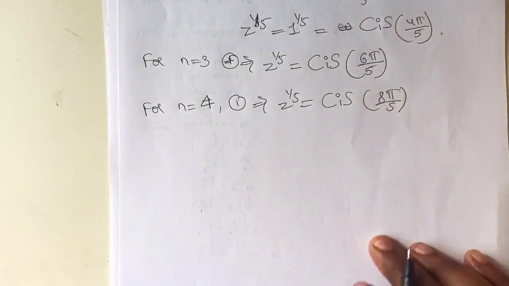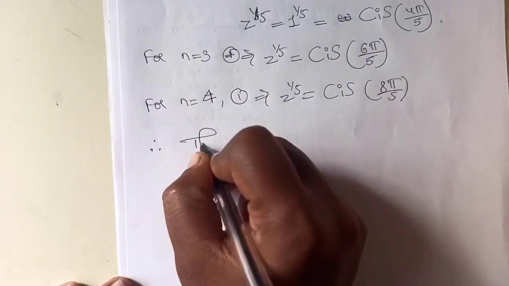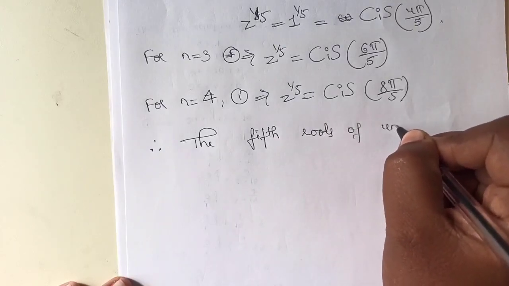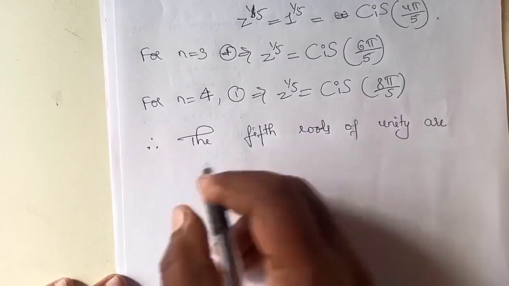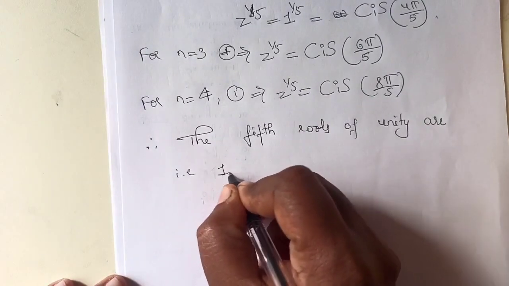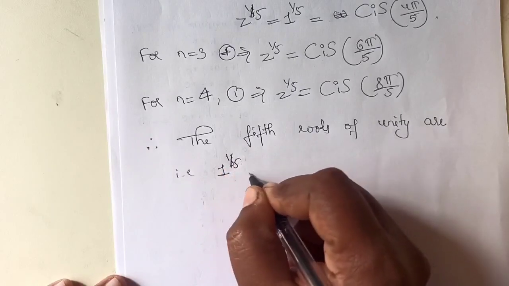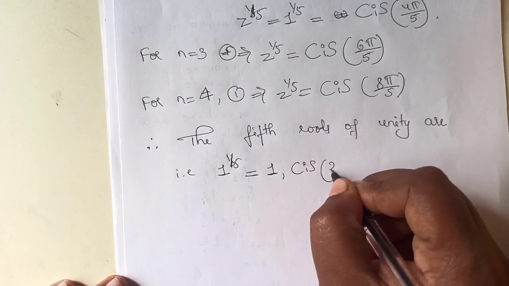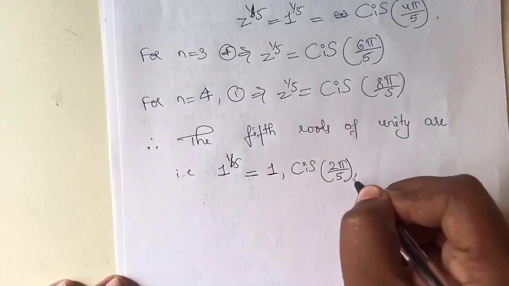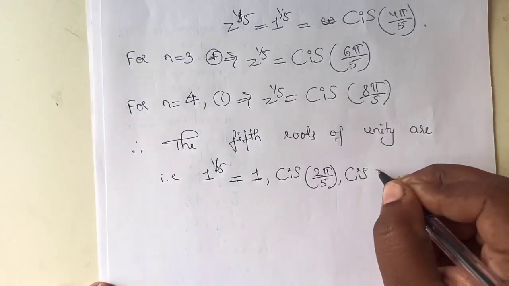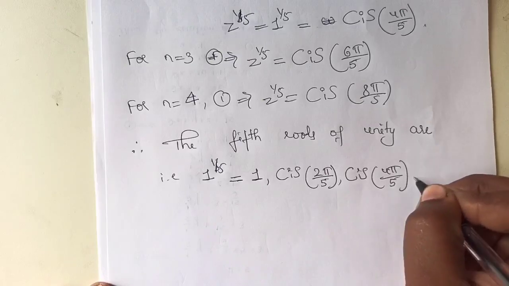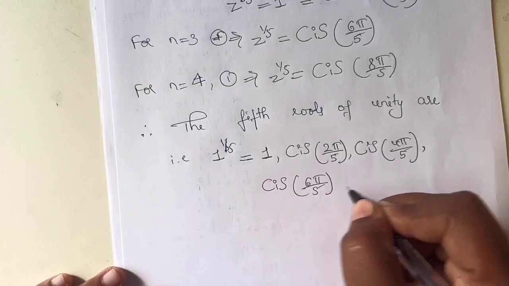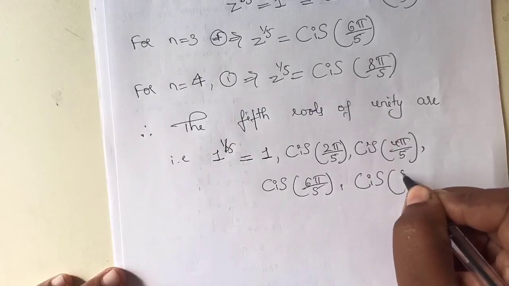Therefore, the fifth roots of unity, that is 1 power 1 by 5, are: the first root is 1, the second root is cis 2 pi by 5, the third is cis 4 pi by 5, next cis 6 pi by 5, and next cis 8 pi by 5.